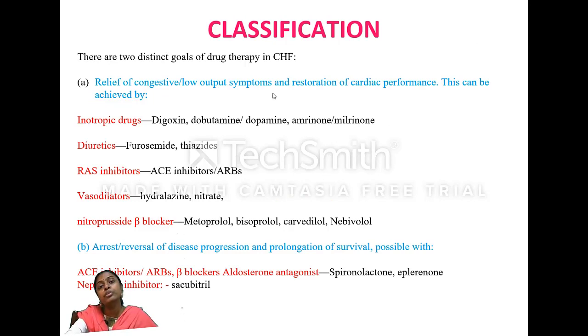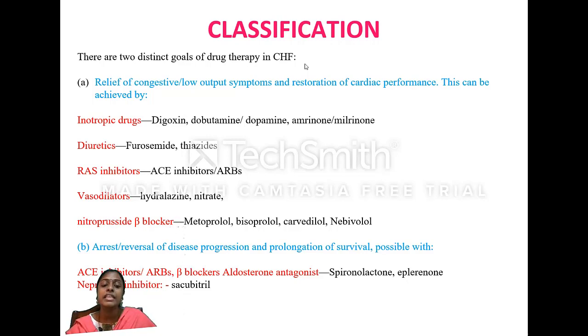Before going into this classification, we have to know that with congestive heart failure we can get strokes. So for the first treatment, we have to divide it into two types. One is if it is in the starting stage, first we have to relieve the symptoms, and we have to restore the cardiac performance. Like previously it would pump very sufficiently, or it was very active, we have to restore that condition.